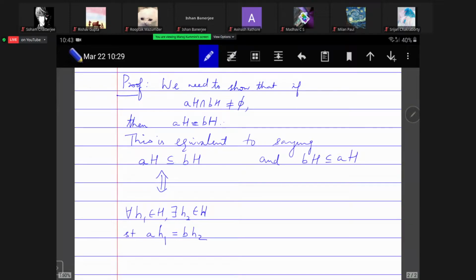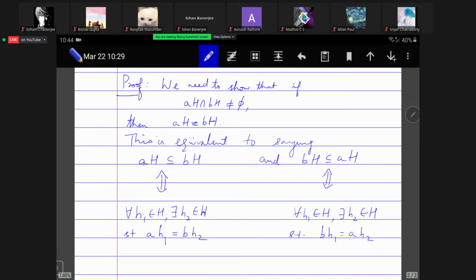And the thing that multiplies B is existentially quantified. And this statement is symmetric: for all H1 inside H, there exists H2 inside H such that BH1 is AH2. This is what we need to show.